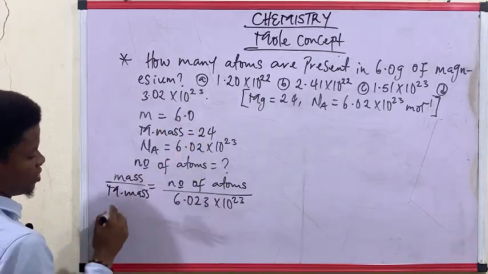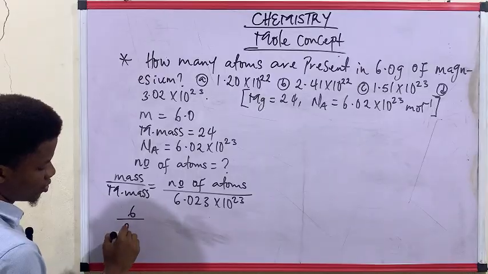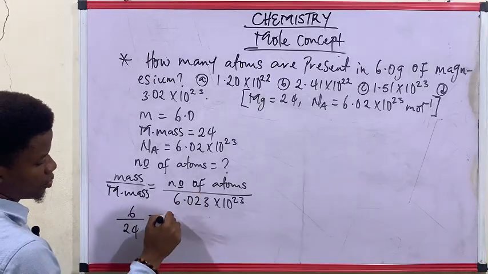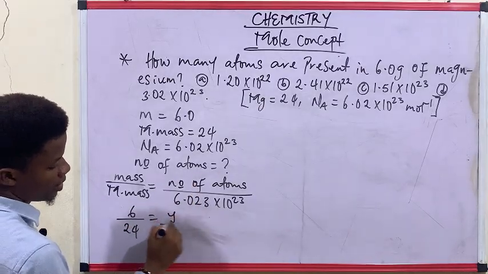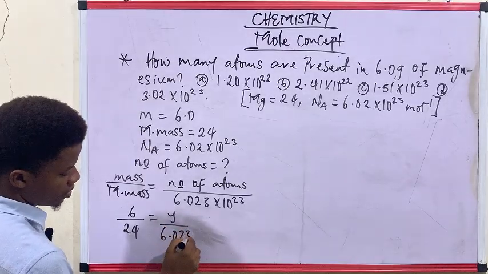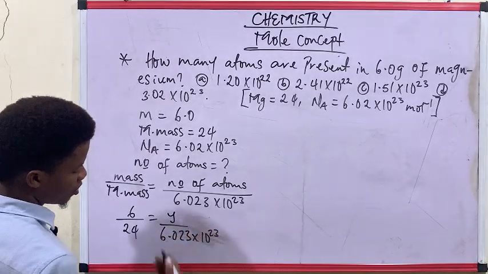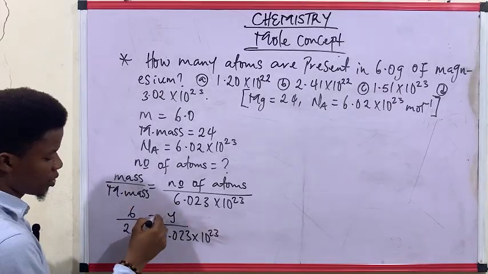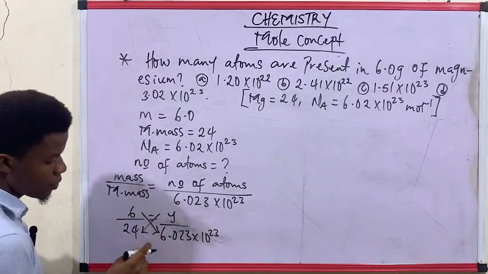So what's our mass? 6. What's our molar mass? 24. Number of atoms, that's what we are looking for, so we can call it Y, all over 6.023 times 10 raised to the power of 23. So by the time we cross multiply, what do we have?